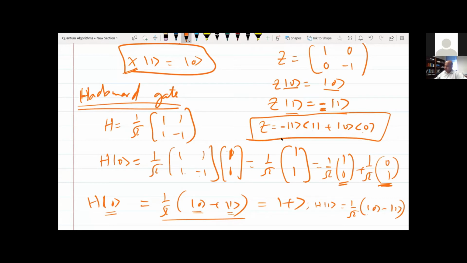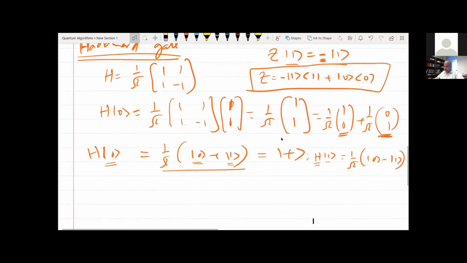So when we measure it, the probabilities of getting 0 and 1 are still half and half, but the phase with the 1 state, if H works on 1, is minus. So this Hadamard gate is very ubiquitous in quantum computing because it is used to create superpositions.